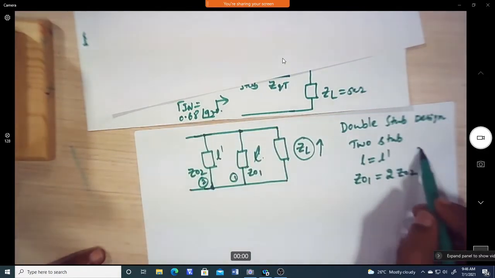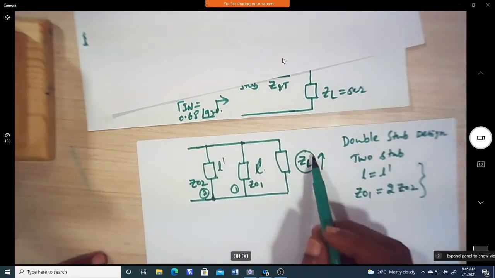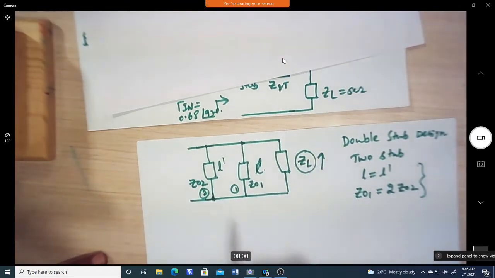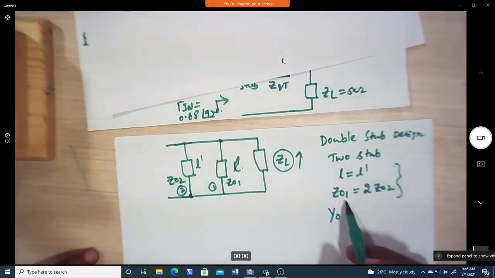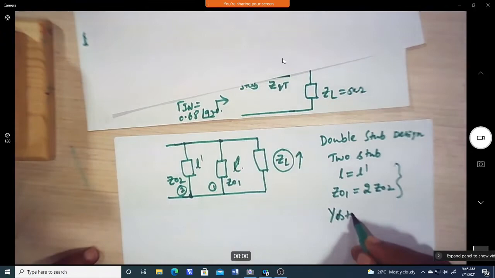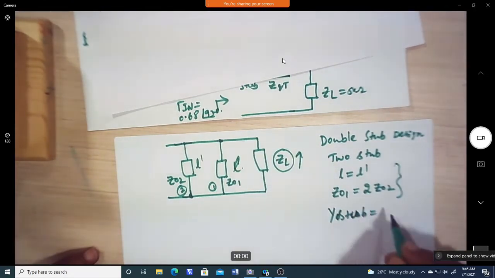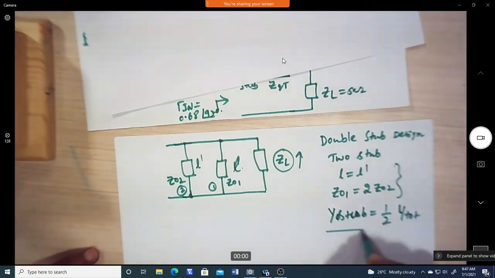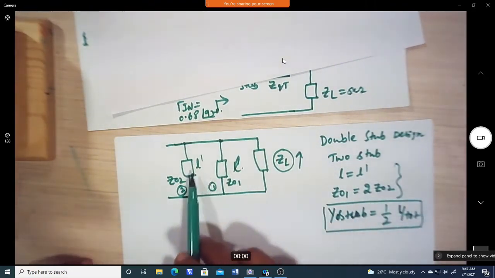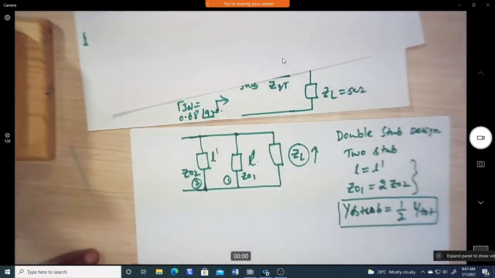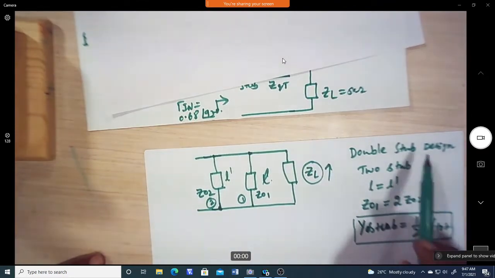By taking this, we can solve the problem of dynamic load variation. The admittance of each stub adds to the total admittance. Like that, we can design these two stubs of the same length with different characteristic impedances. So this is how the stub realization works.